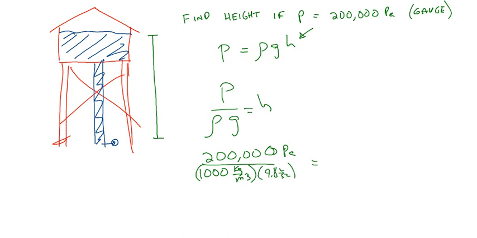And when I do this, I get something close to 20 meters here. Let's see, 200,000 divided by 1,000 divided by 9.8, 20.4 meters would be the height of that.